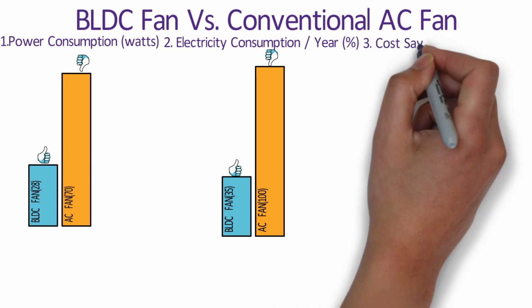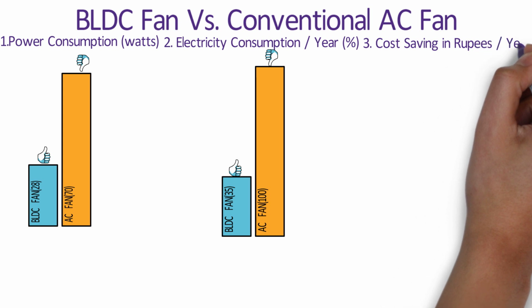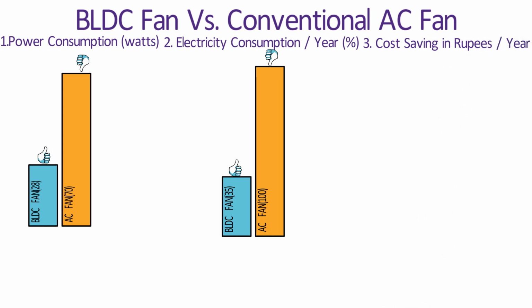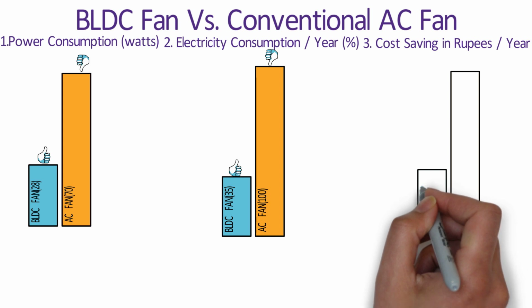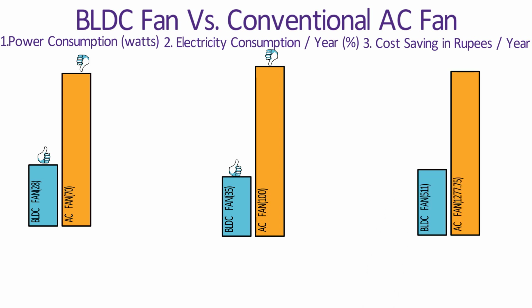Finally, our most important comparison factor, how much money will be saved when using BLDC fan. In the example calculation, electricity cost for BLDC per year is 511 rupees, but for AC fan per year charge is 1277 rupees. From that you can understand you can save up to 60 to 70% of fan electricity charges per year while using BLDC fan for day-to-day application.